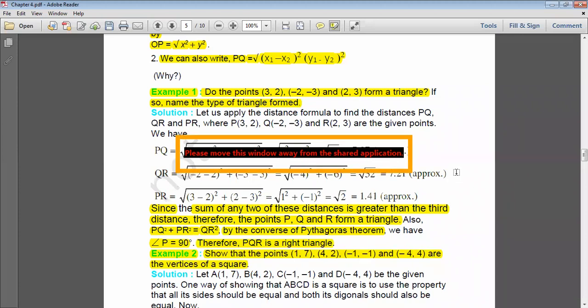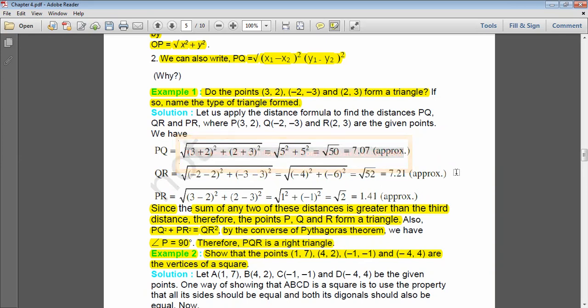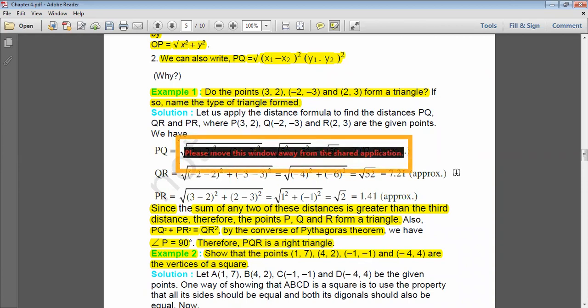Okay, so whenever you are given a question like this, we are asked to check whether they form a square. You can draw it, but if you want to prove it theoretically, we need to do it in this manner. If you draw this, you can show it can be formed, but there is no theoretical proof.